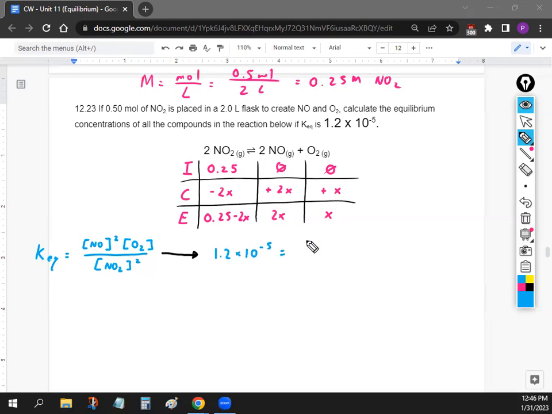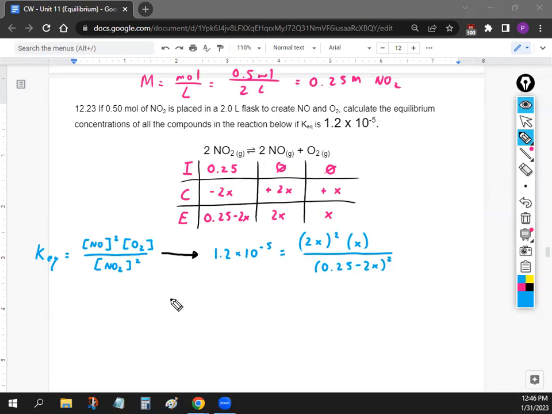That's going to be equal to 2x squared, because plugging in, we got x, and then we're going to divide that by 0.25 minus 2x, and then squared. All right, so far so good.